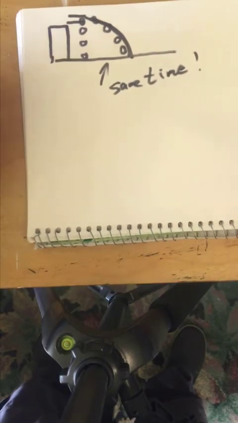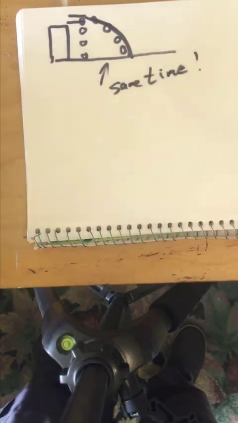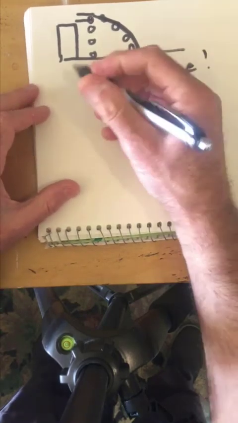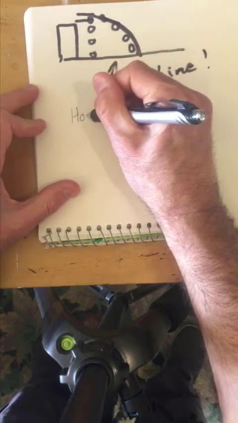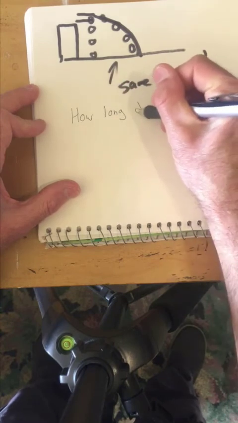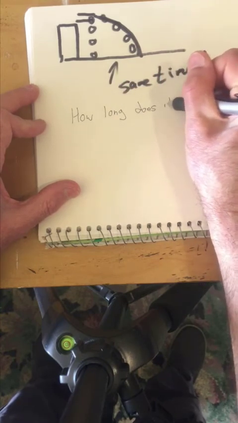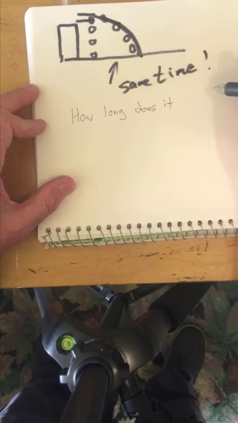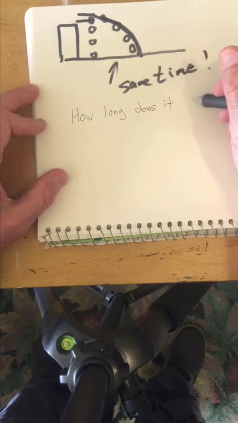All right, so we're going to use that piece of information to calculate how long it takes an object to fall from a given height. And from that, we're going to figure out how long it's going to take to hit the ground when launched horizontally.